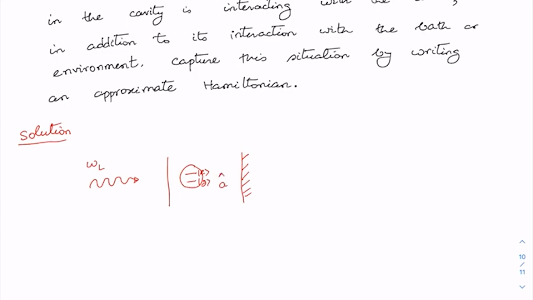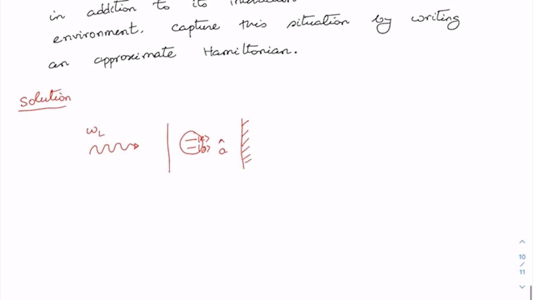Let me represent it by a cap. In addition, this mode is interacting with the bath, and as you know, we can model the bath as a collection of harmonic oscillators. The ith bath oscillator can be represented by the operator b i cap.